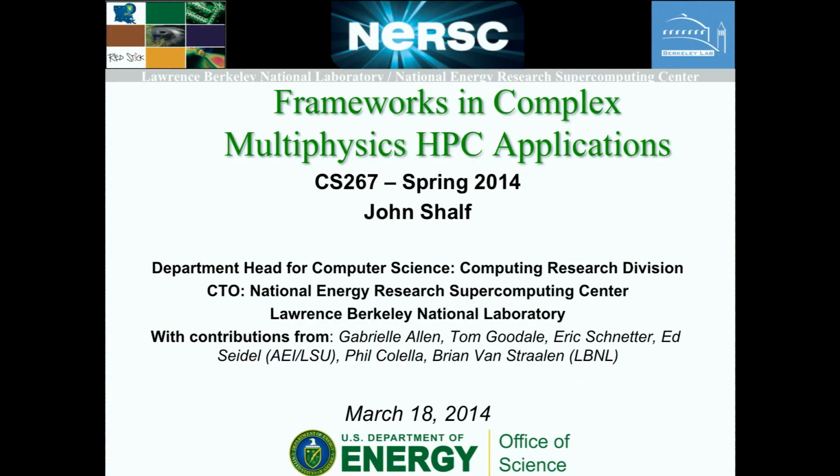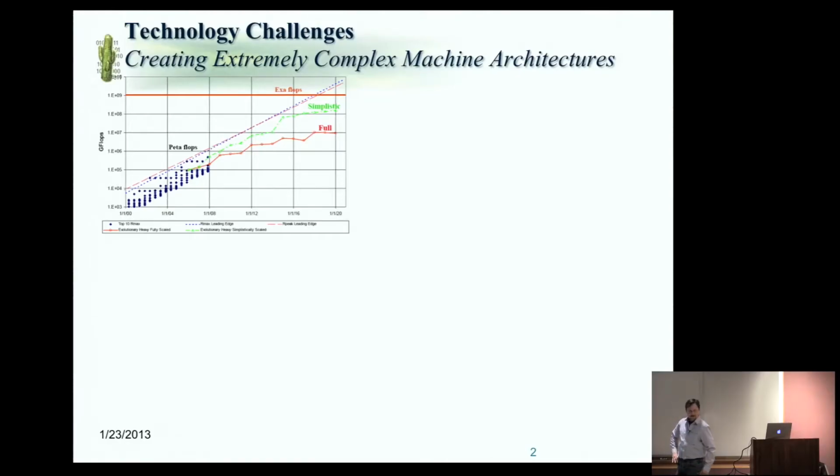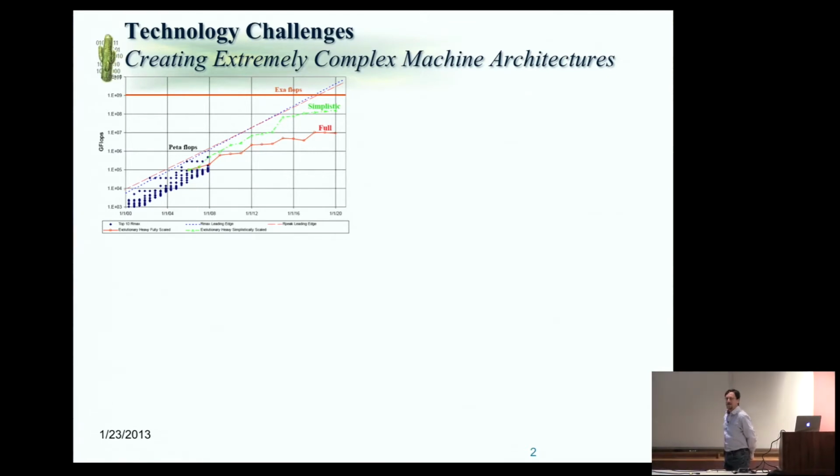So there are two things that cause us to move towards higher-level software engineering and abstractions for designing our systems. The first is, of course, hardware complexity. The hardware is exceedingly complicated, and we need abstractions to hide the nature of the parallelism and the complexity of the machine.